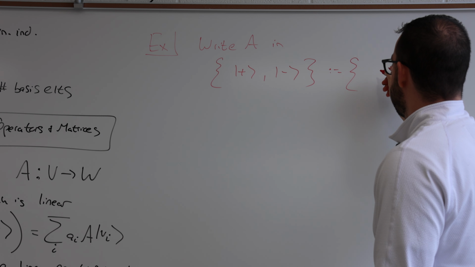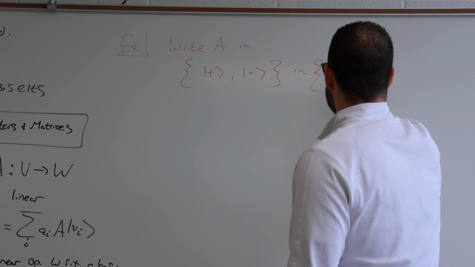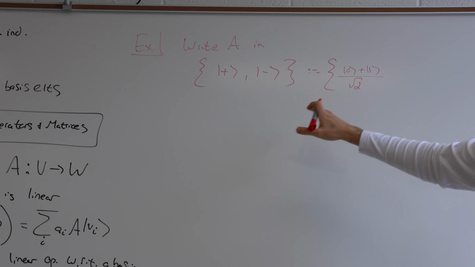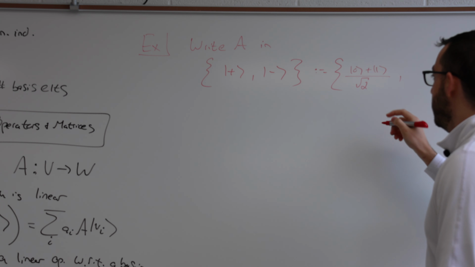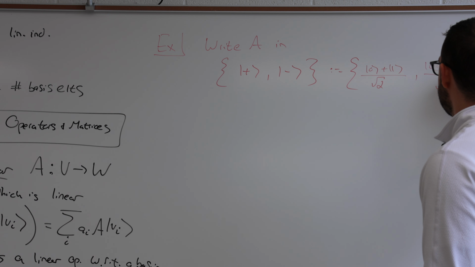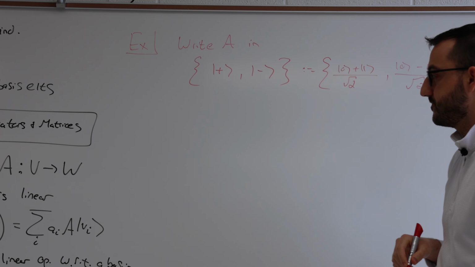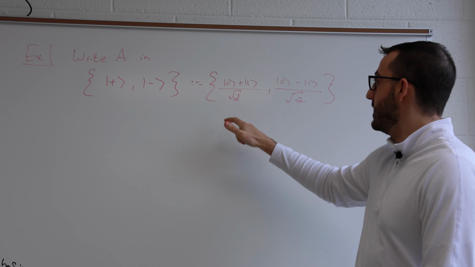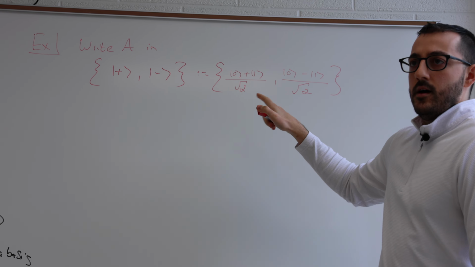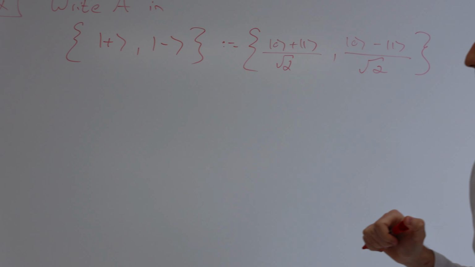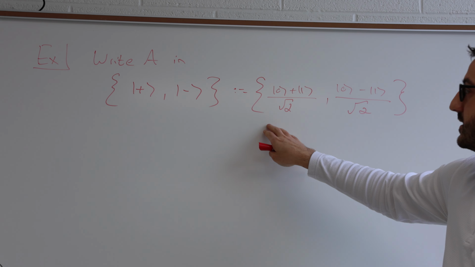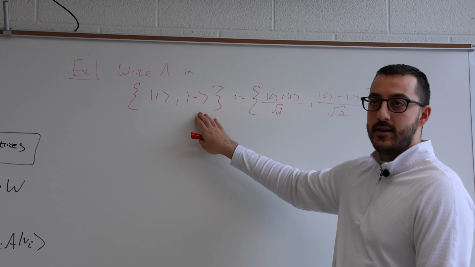The plus vector will be 0 plus 1 over the square root of 2. We've seen that before. That's what Hadamard does on the 0 state. And then the minus vector will be similar, 0 minus 1 over the square root of 2. So it's good notation. It reminds us which one has the plus sign and which one has the minus sign. So take a minute to yourself and see if you can write out the matrix for the same linear operator in this different basis, the plus minus basis.